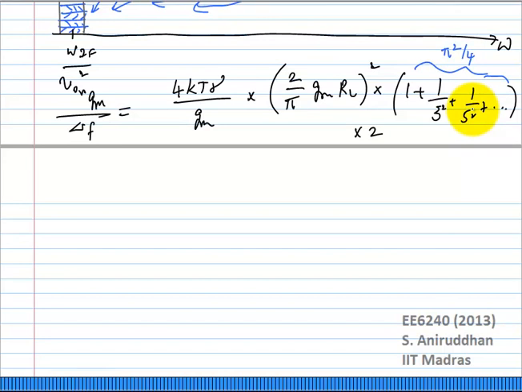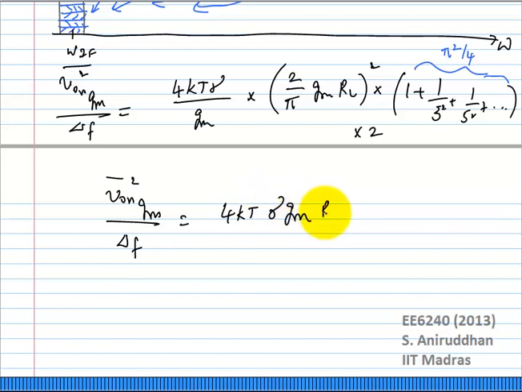So this number can be simplified to be 4 kT gamma gm RL squared. Okay? This turns out to be a very simple expression.